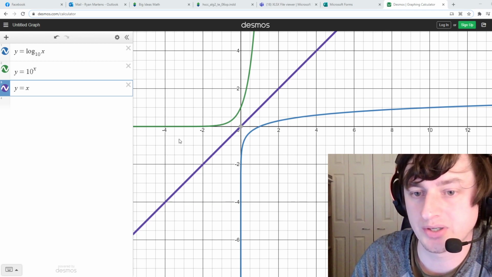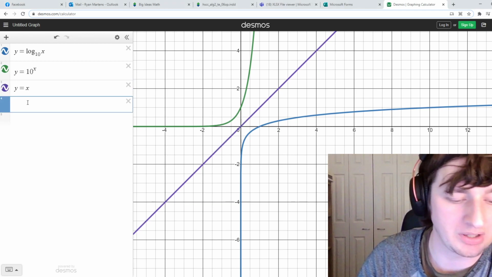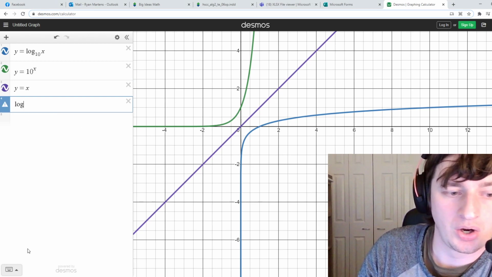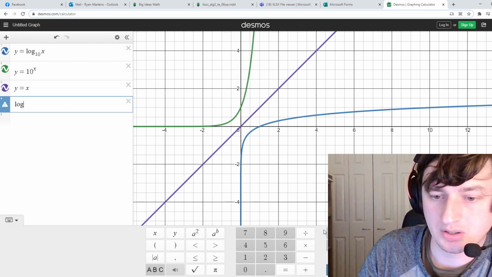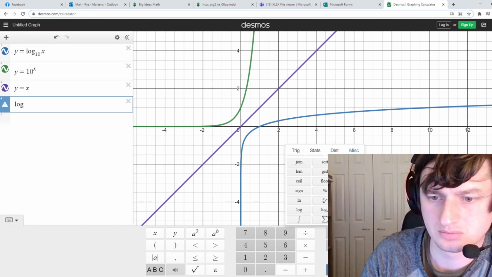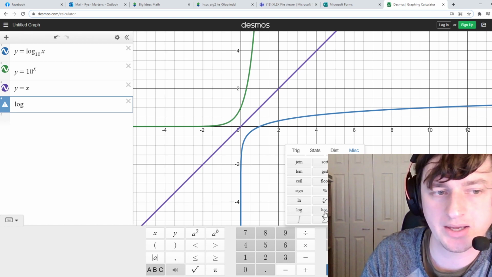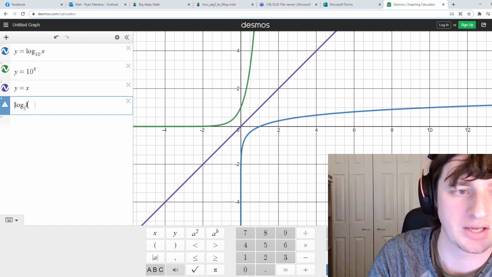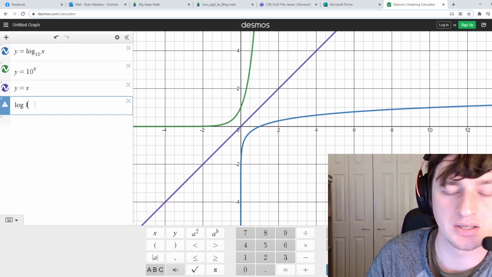The other way, just go on Desmos and type in log, or use the keyboard here. Functions, there should be logarithm under miscellaneous. And there's two different ones. This log base A is going to be really helpful because then it makes it easy to type the base in.